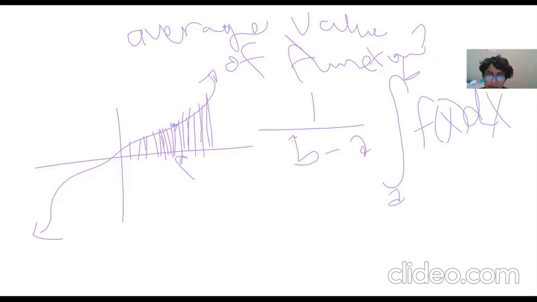Right, and so that is the average value. You're essentially taking this area under the curve and dividing it by how wide the x is.